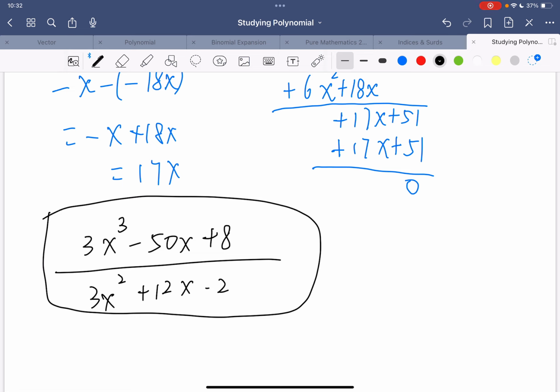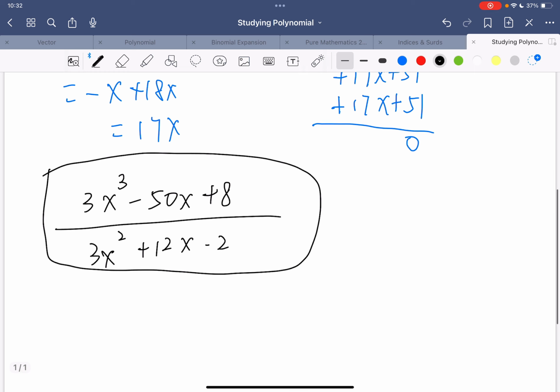Okay, next one. We should talk about the factor theorem. Before talking about the factor theorem, we should know that there are two symbols quite similar. Actually, they are equal, they are equivalent. The first one looks like this.